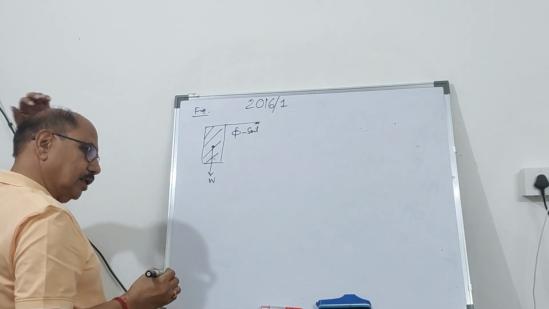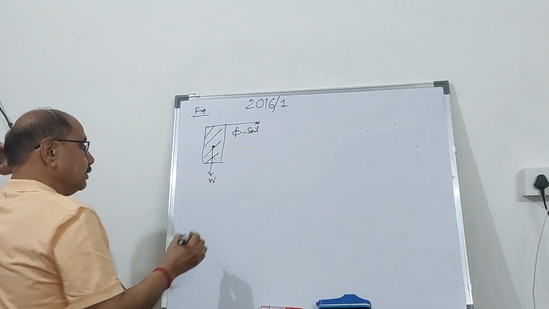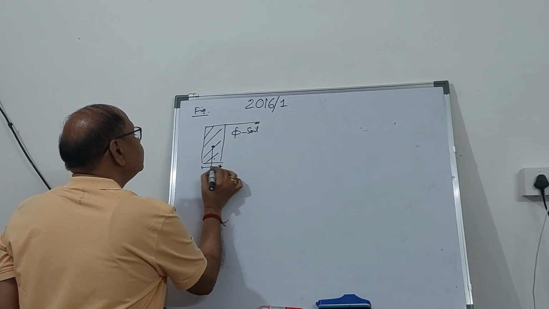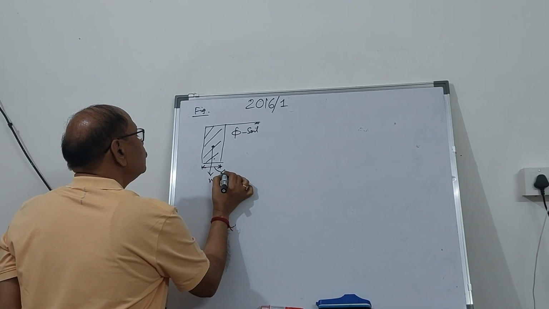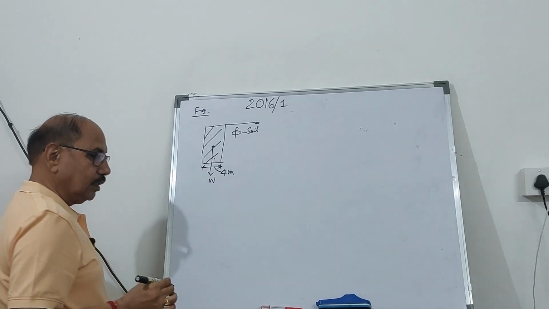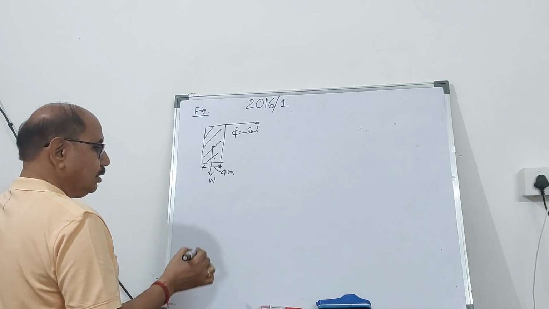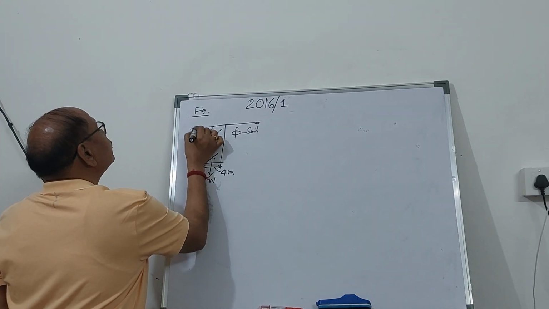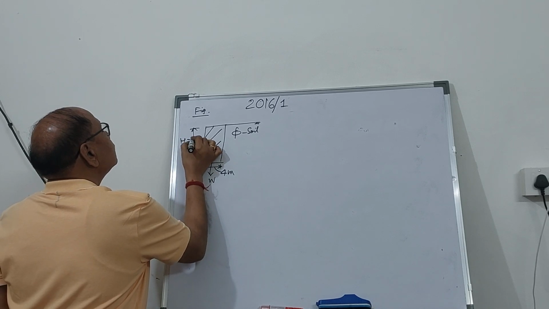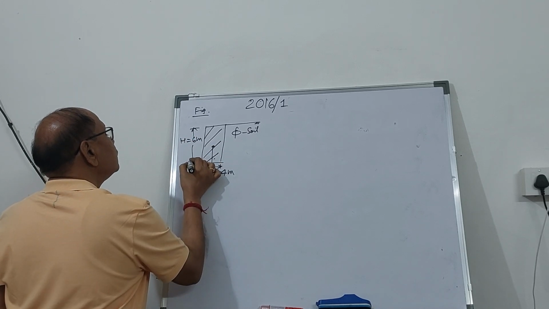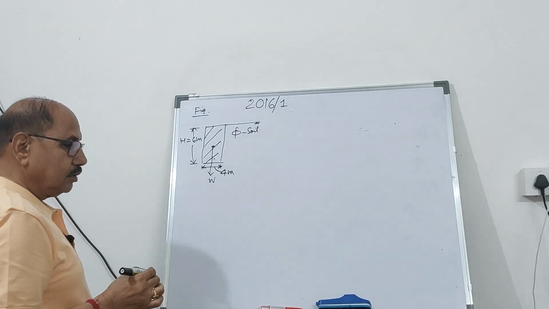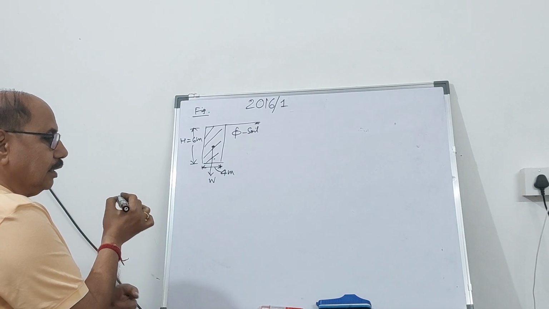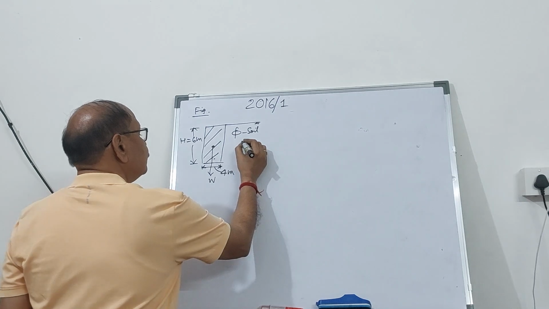This width is uniform, 4 meter, and the height of the wall is given to you as 6 meter. So H is 6 meter.